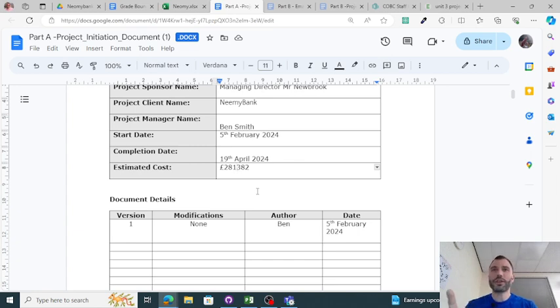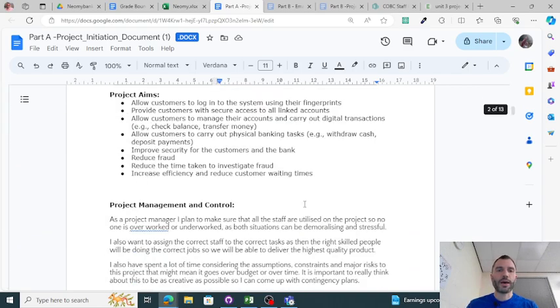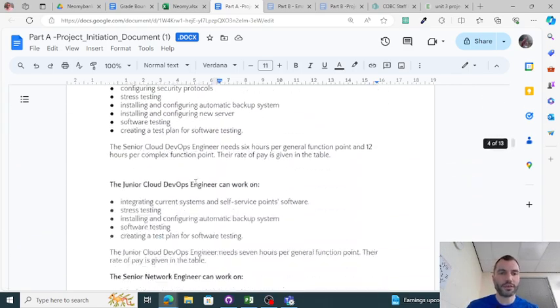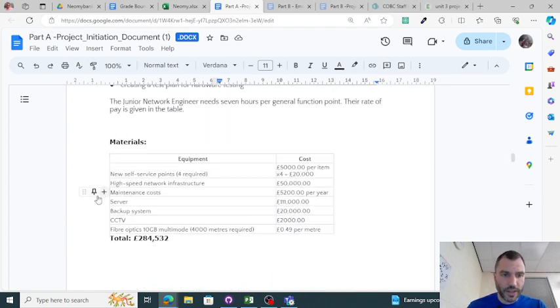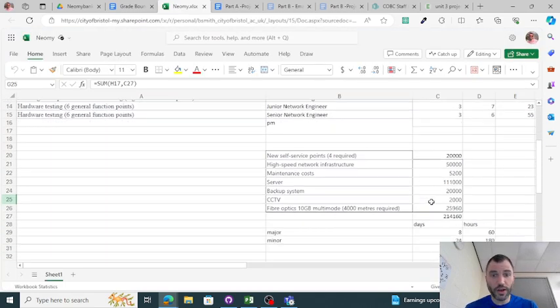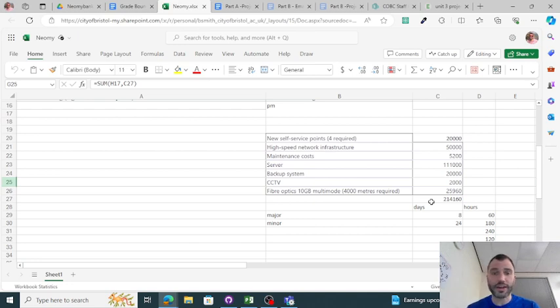Someone said to me after the exam today, because if you've done Part A and B, you remember that there was a delay, a problem with the delivery of cables. If we jump straight to the materials, those fibre optic cables were 0.49 per metre. What did I say that cost? We can just jump around and look at everything now, because we're post-mortem analysing.